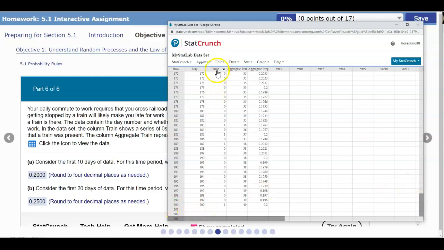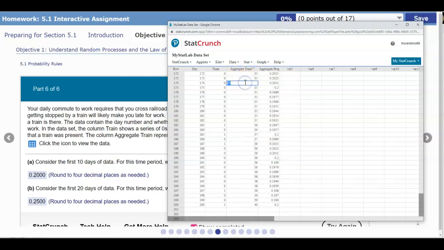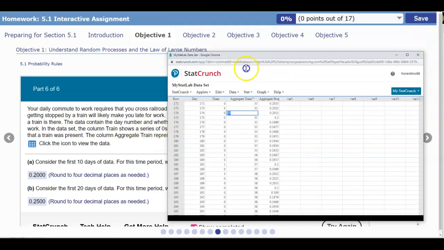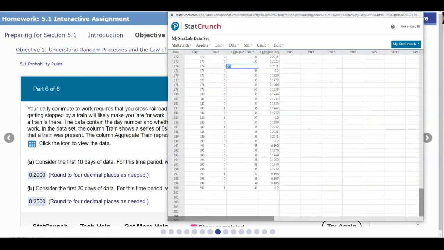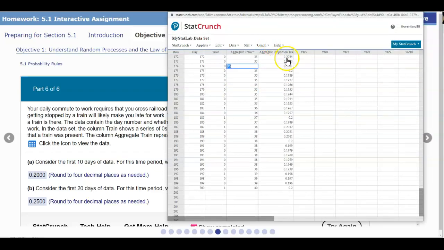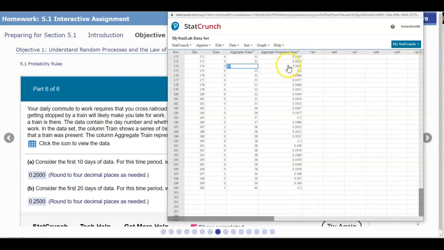And then the train column tells you whether it is a 0 or a 1. And the aggregate train is the column that represents the cumulative number of times a train has been spotted. And then here we have the proportion, which is the probability of that particular value.